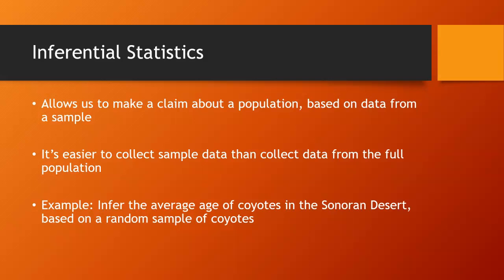If we randomly select a group of coyotes out there in the desert and we know their ages, we follow them, we see their behaviors, we can then infer the average age of all of the coyotes in the Sonoran Desert. And that is inferential statistics.